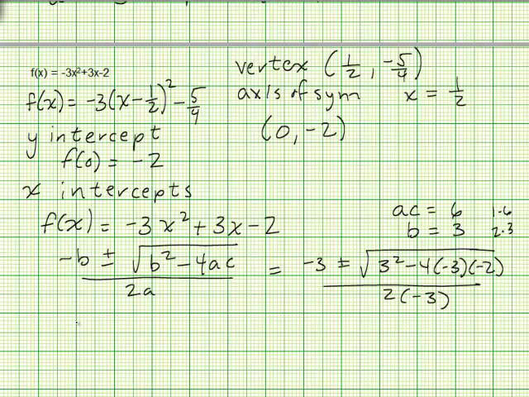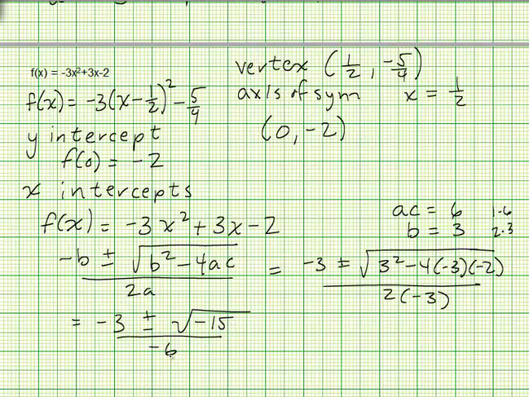Okay, so then this would equal -3 plus or minus the square root of 9 minus, this is -4 times -3 is positive 12, times -2 would give us -24. 9 plus -24 gives me the square root of -15, and all of that is over -6.